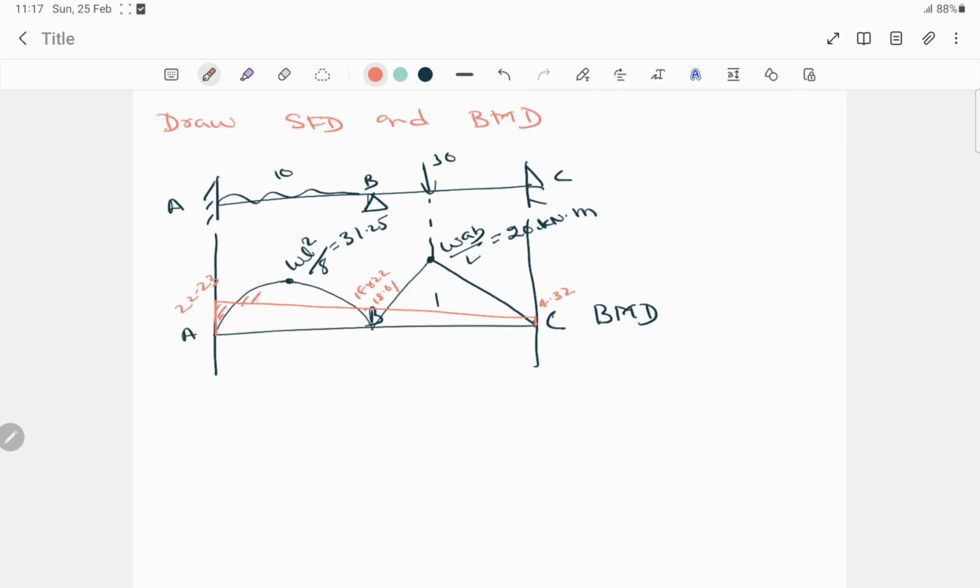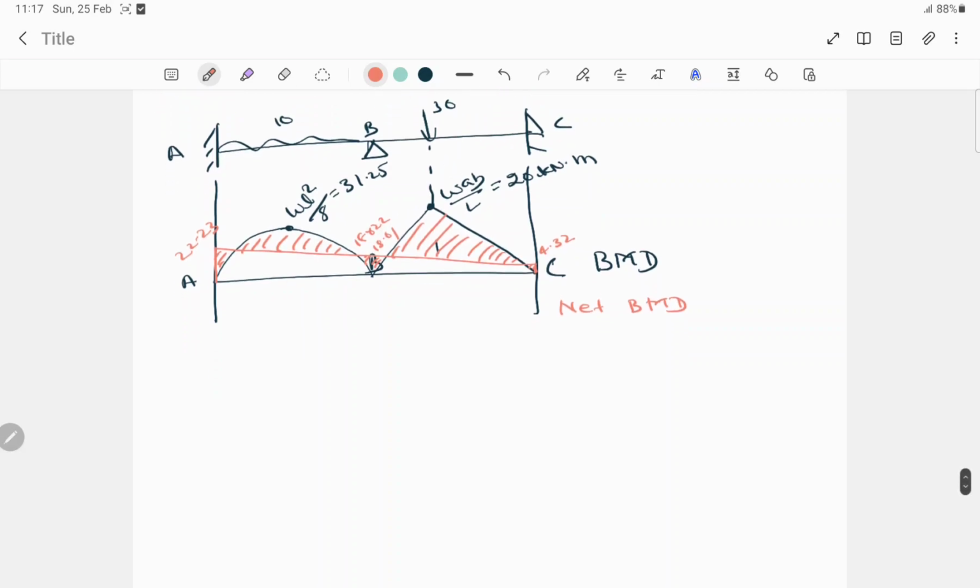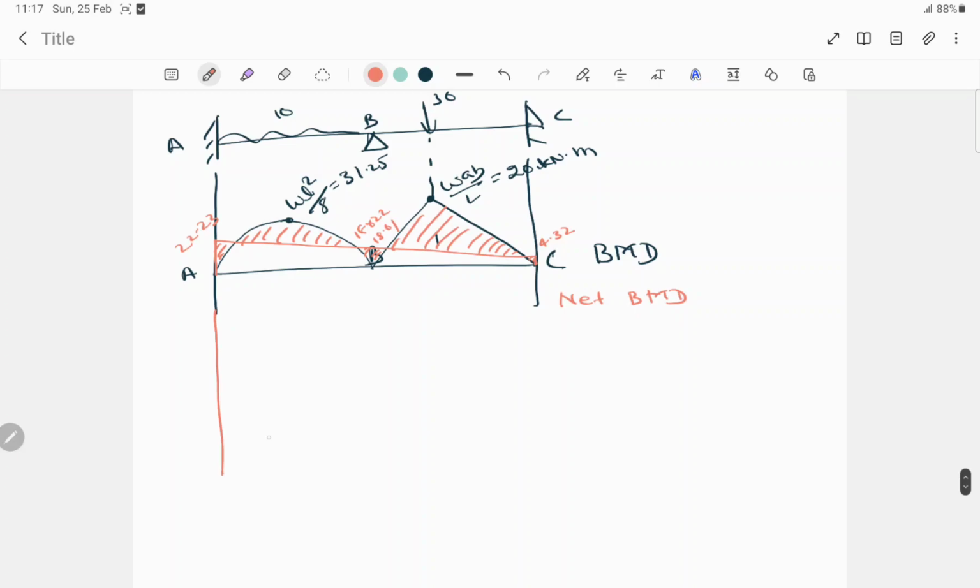So these are the net bending moment diagram. We have to set it this part. These areas are known as the net bending moment diagram.